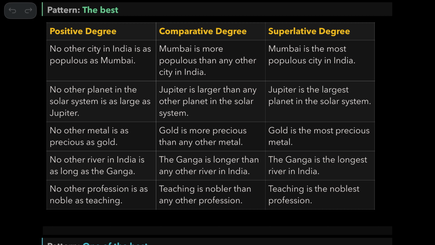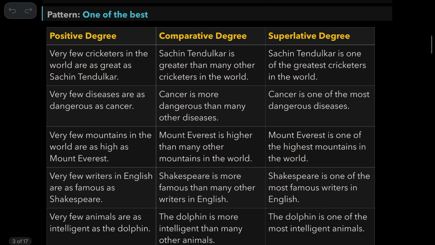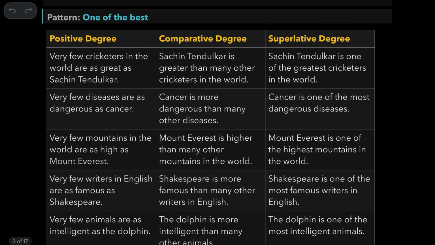Now, let us take a look at the next pattern, in which somebody is not unique, but somebody or something is one of the best or one of the unique things. Now, you see here, every sentence starts with very few.